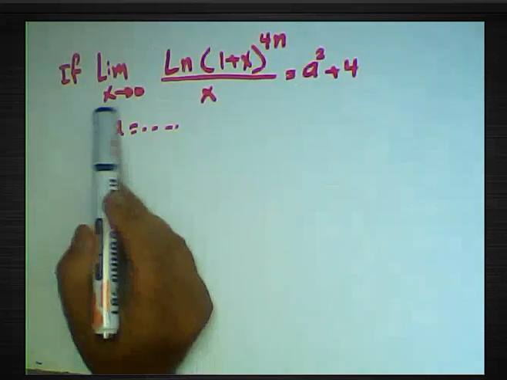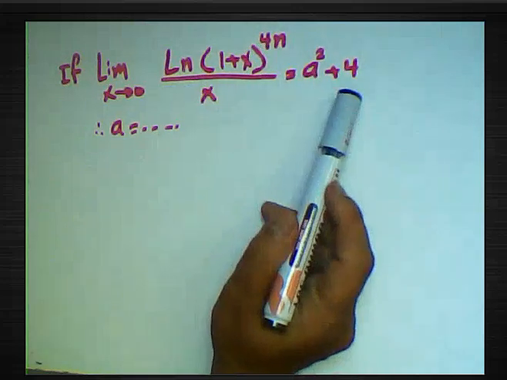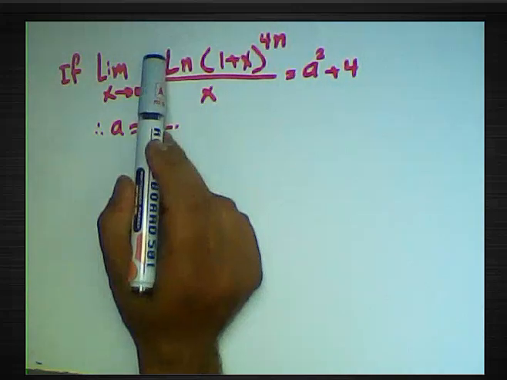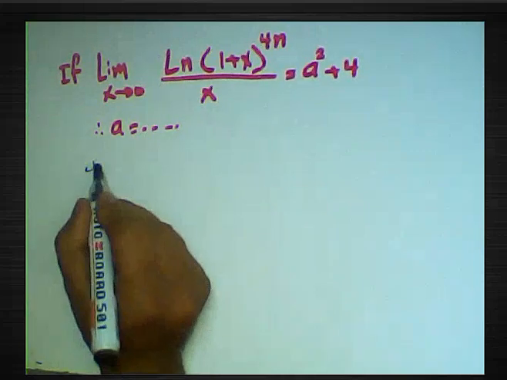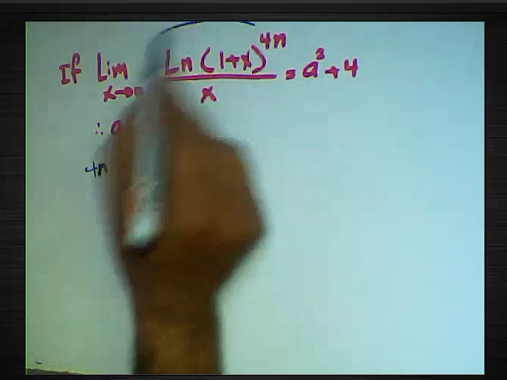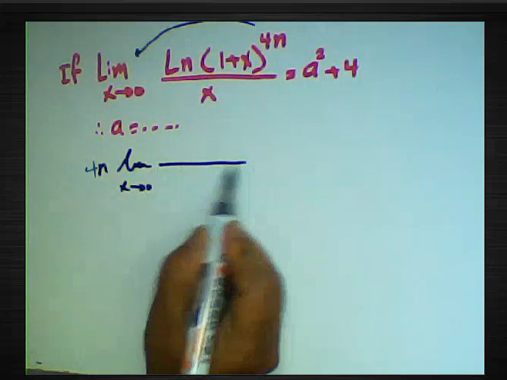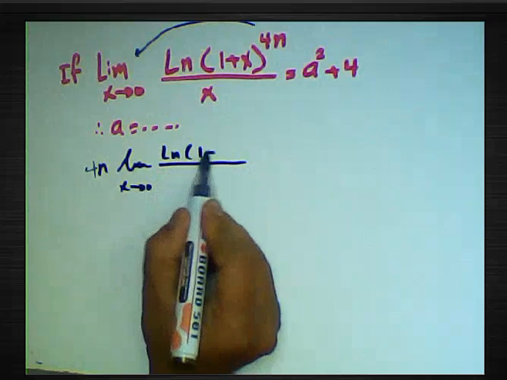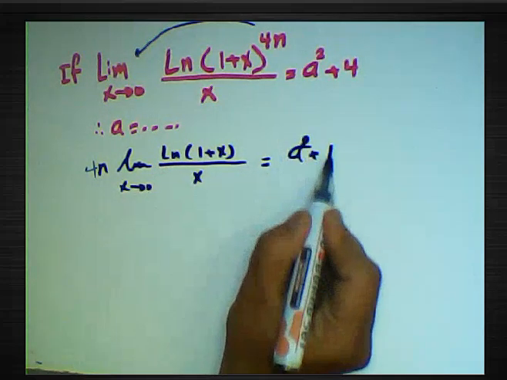If the limit as x approaches 0 of (1 plus x) to the power of 4a over x equals e to the power of a squared plus 4, we can drop the power here to find the rule and the theorem. Look at here, we can write 4a outside, dropping it outside. About the limit as x approaches 0 of ln(1 plus x) over x, it tells us the result will be e to the power of a squared plus 4.